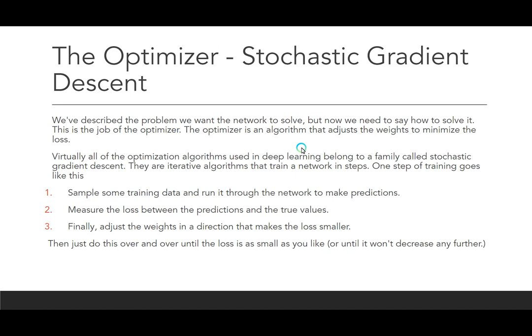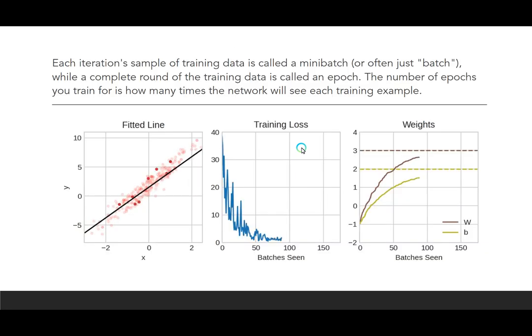Sample some training data and run it through the network to make predictions. Then measure the loss between the predictions and the true values. And then finally adjust the weights in a direction that makes the loss smaller. And then you rerun the model until you get an even lower loss. So this is how it works.